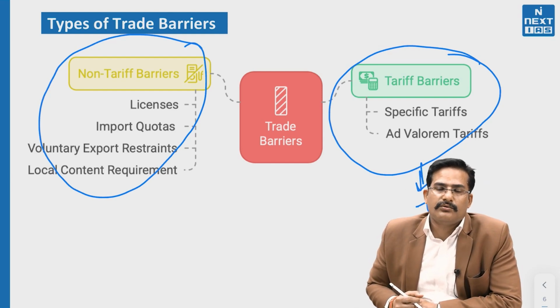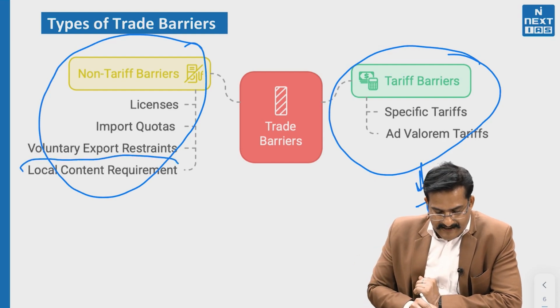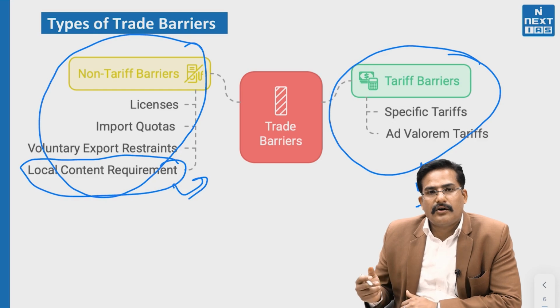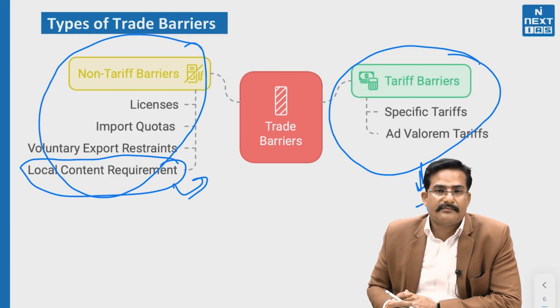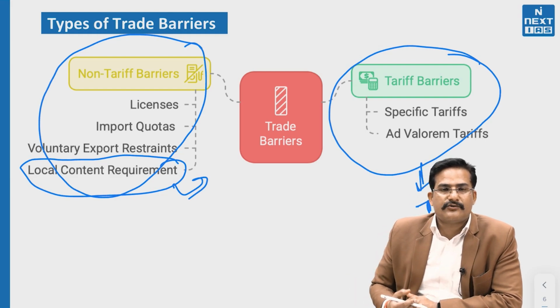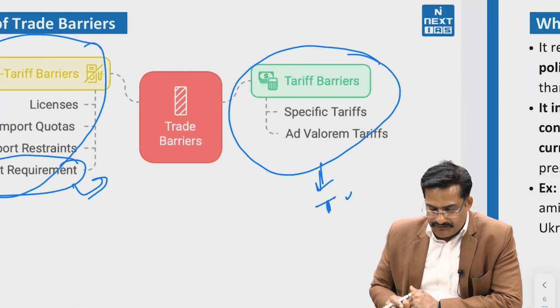For example, if you want to do any business in the USA, you will need some sort of license, or as rightly said by the USA president, if someone wants to do business in the USA, they will have to set up operations in the USA itself. A country can't only be exporting things to the USA, but should be establishing units in the USA itself, so that it can generate jobs and other opportunities for the USA, right?